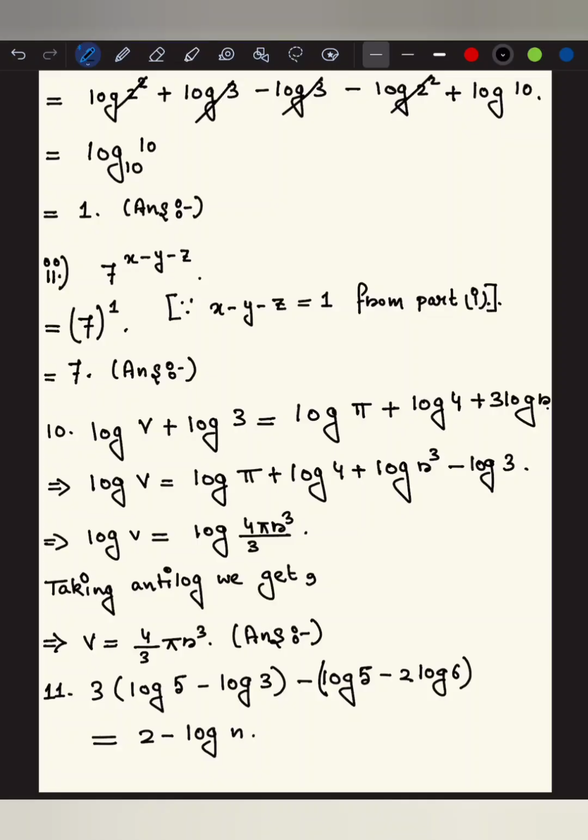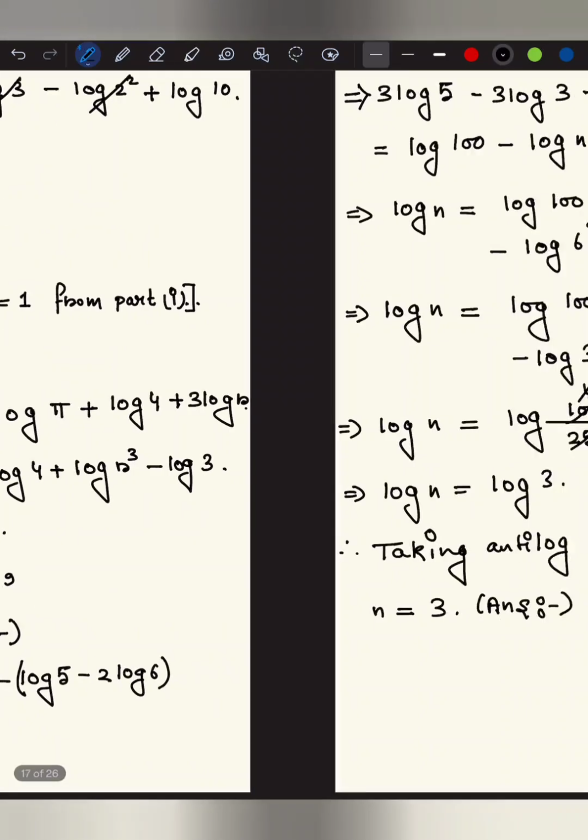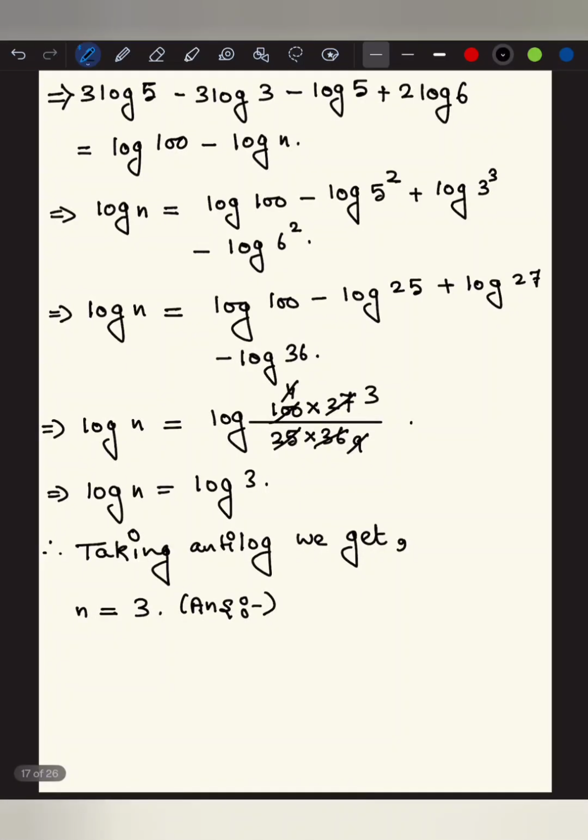Let's come to the next sum, question number 11. Here we are given 3 into log 5 minus log 3, minus log 5 minus 2 log 6, is equal to 2 minus log n. We are asked to find the value of n. Very simple, we will just simplify it.